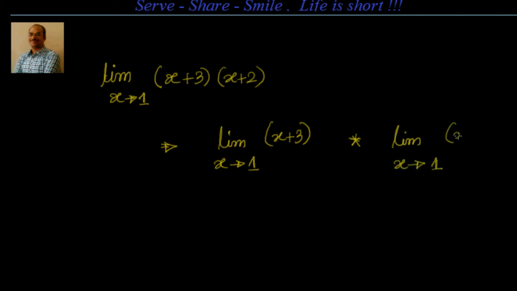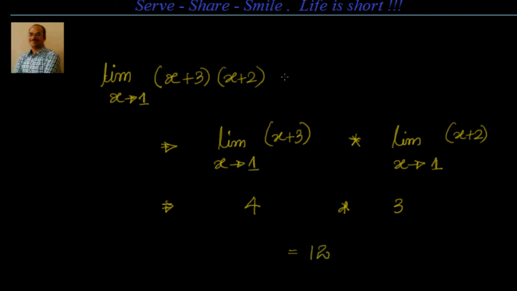Either you do it this way or that way. This is the limit of a product, and this is the product of limits. So I will have 1 plus 3 equal to 4, into 1 plus 2 equal to 3.